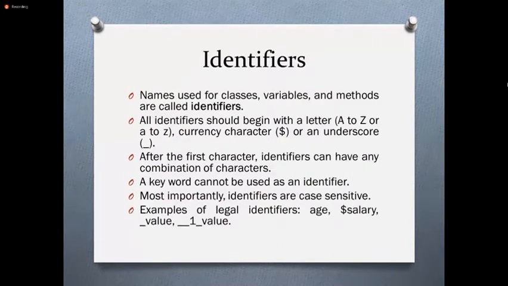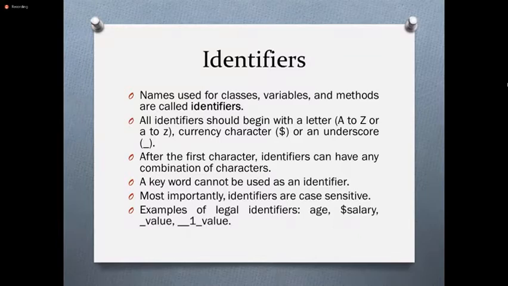Then we'll discuss identifiers. Identifiers are the names used for classes, variables, and methods. All of these things are called identifiers. All identifiers should begin with a letter, capital A to Z or simple A to Z, a currency character dollar, or an underscore.